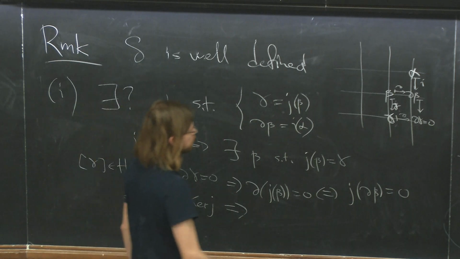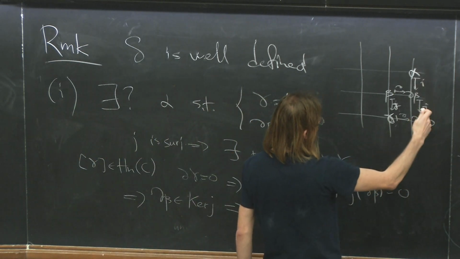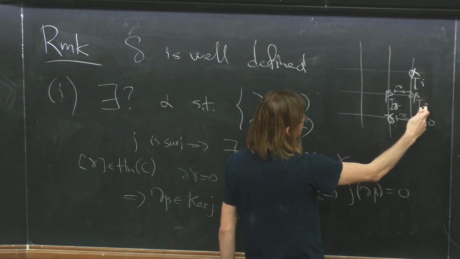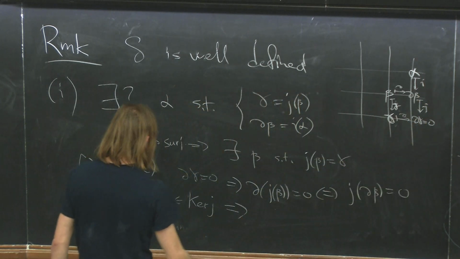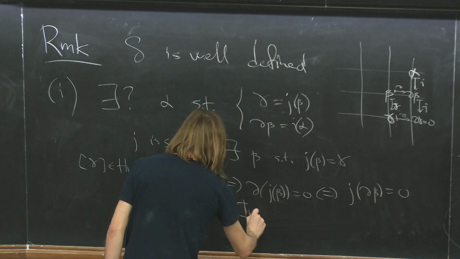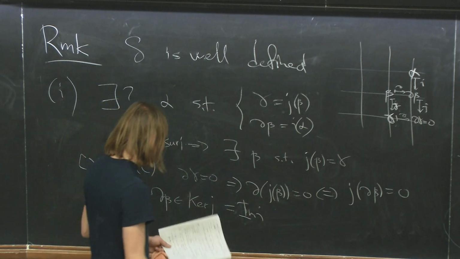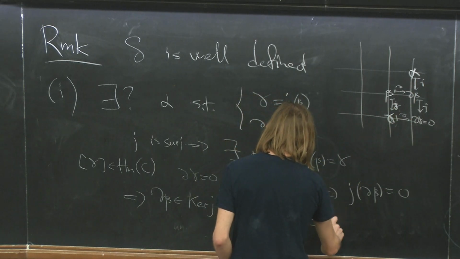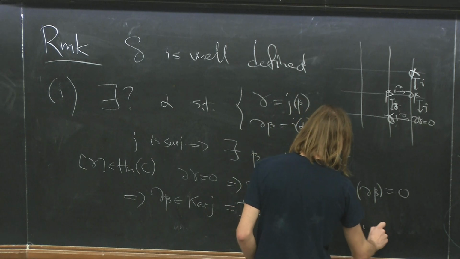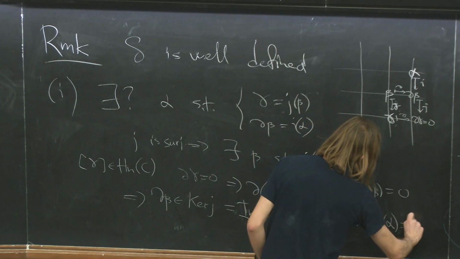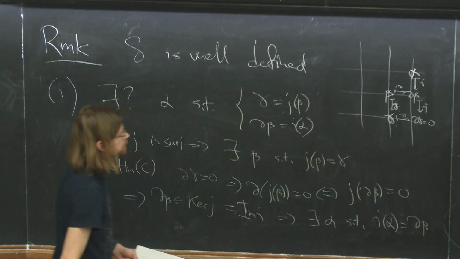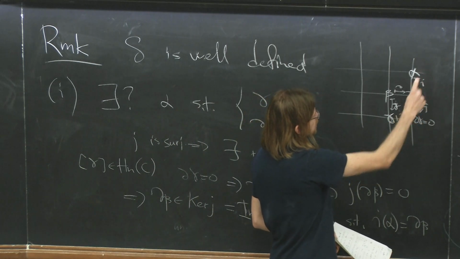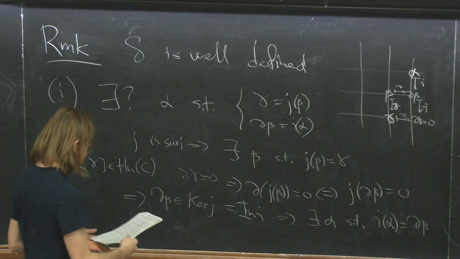And since D beta is sent to 0 under J, and the columns are short exact, the kernel of J is the same as the image of I. Kernel of J is equal to image of I. This means that D beta is in the image, and this means there indeed exists some alpha such that I of alpha is equal to D beta.